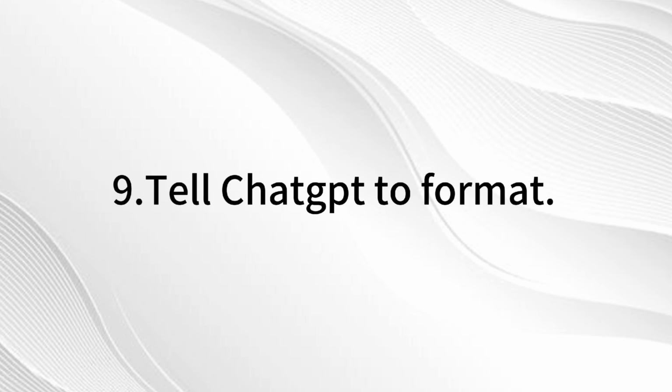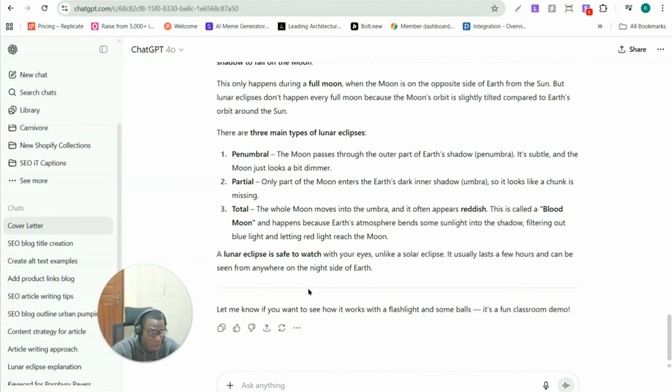Hack number 9 is to tell ChatGPT to format the work. Now, normally, we're in 2025 and we're creating this video in September, which means up to now you've realized that ChatGPT has really advanced. And most of the time, you're not even going to tell ChatGPT to format your text.